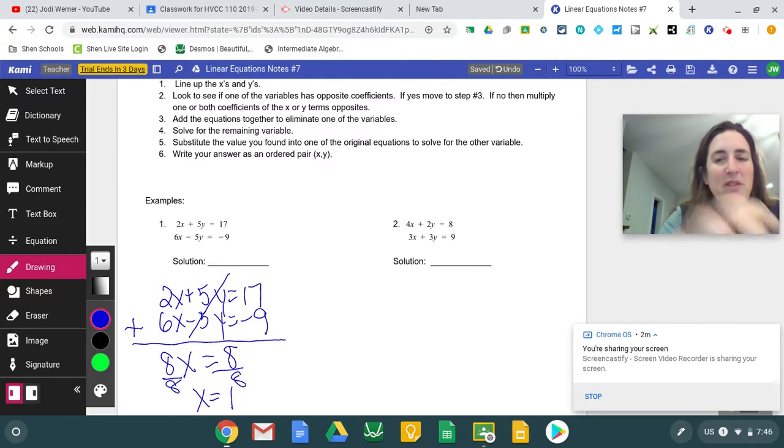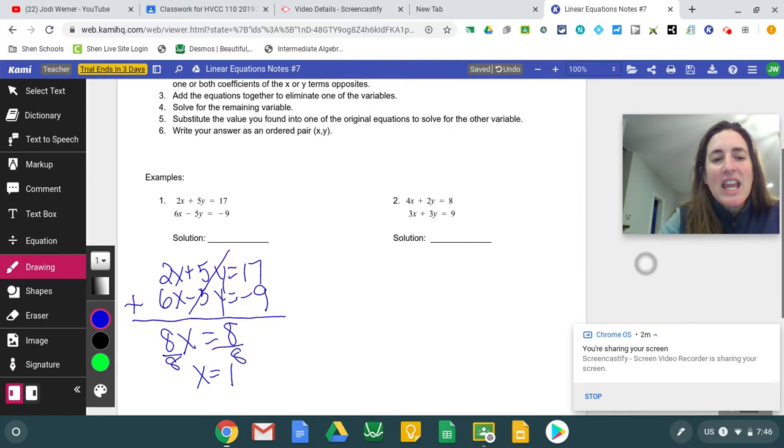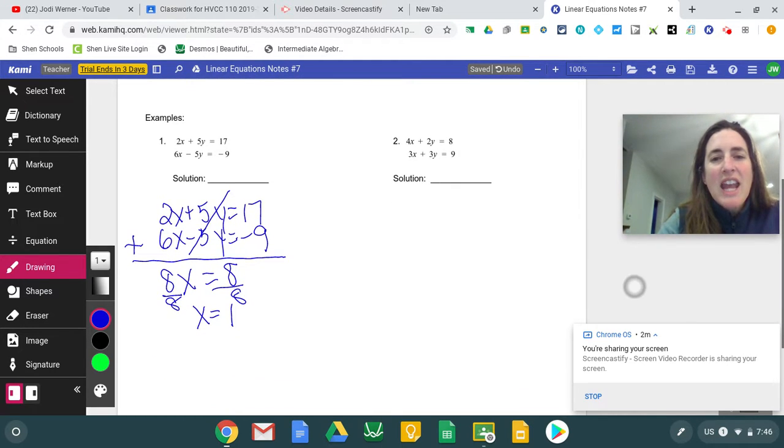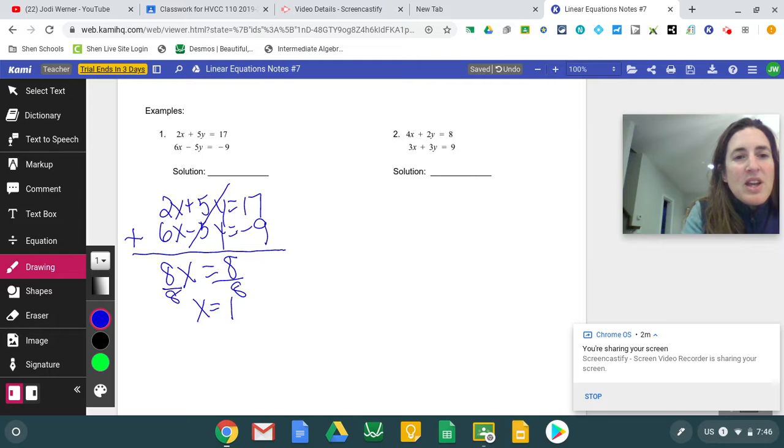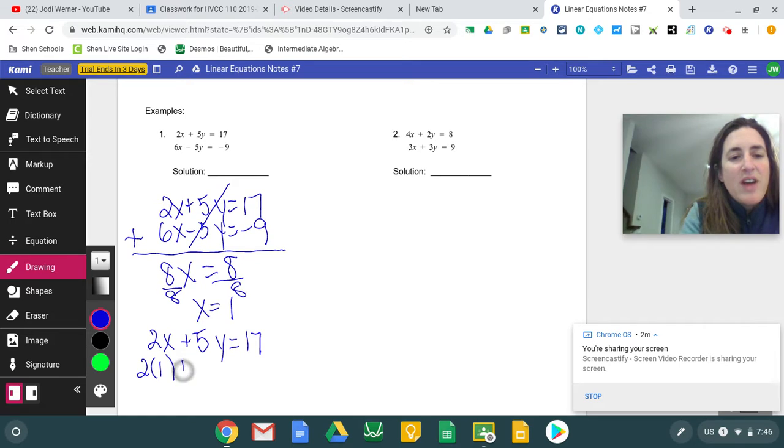Once I've solved for that variable, I can substitute that x into either the top equation or the bottom one, it does not matter, and I can solve for y. So I'm going to take that 2x plus 5y equals 17 and put in the 1 for the x value because that's what I just found.